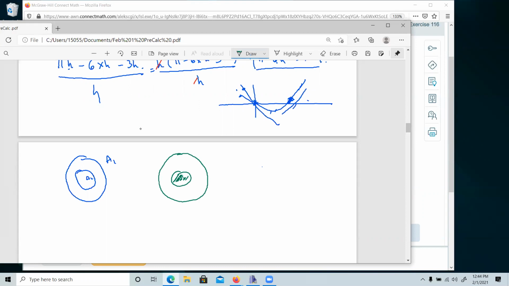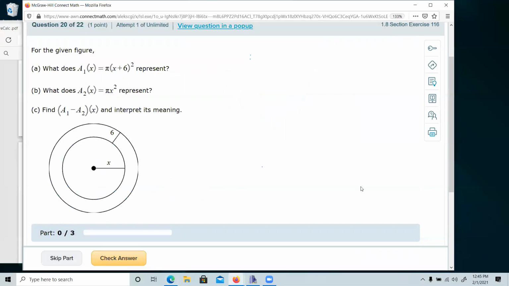So A1 minus A2 is a ring. That's what they're asking. And that's the beauty of function composition: we can keep things easy when formulating one part of it, and then combine them to make more complicated shapes or more complicated ideas.